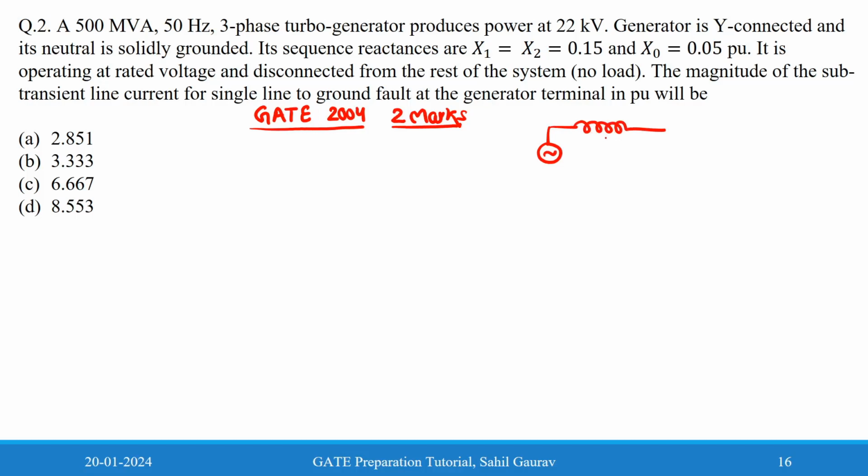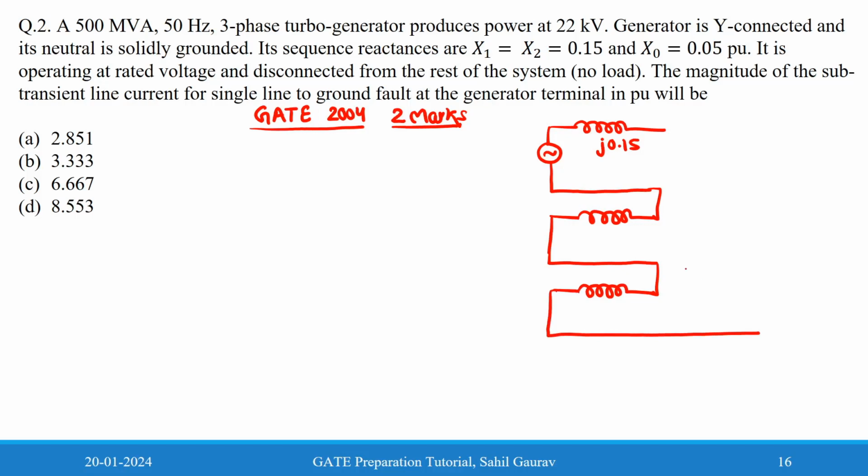X1 is given as j0.15, X2 is given as j0.15, X0 is given as j0.05.